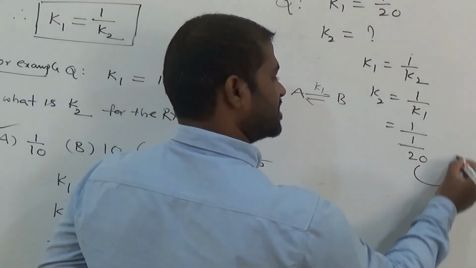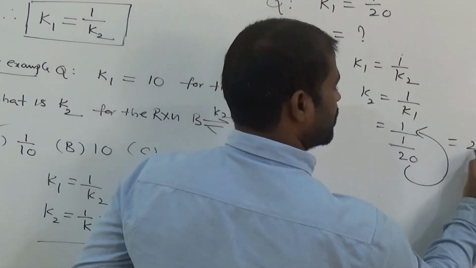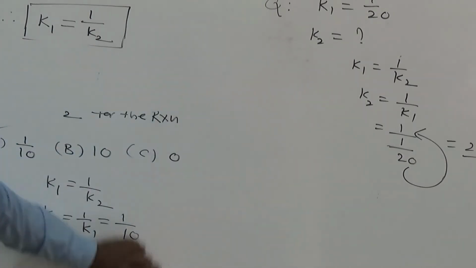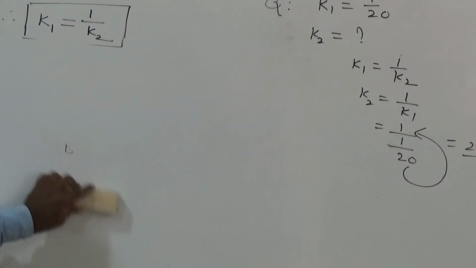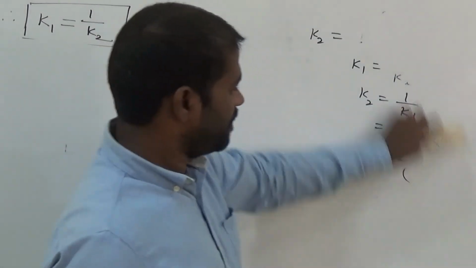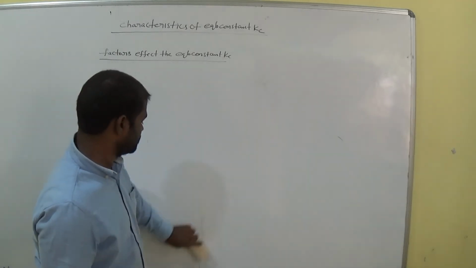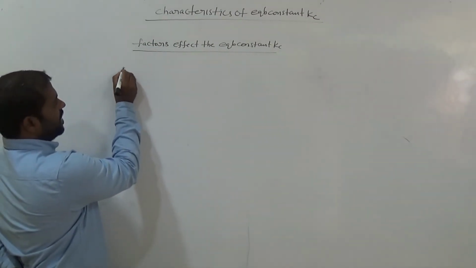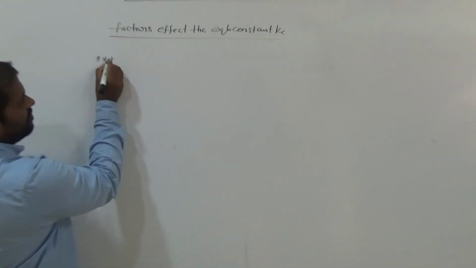So when it undergoes reciprocal, what we get? 20. Is it clear? So finally K1 is equals to 1 by K2. And the next one is the same concept.